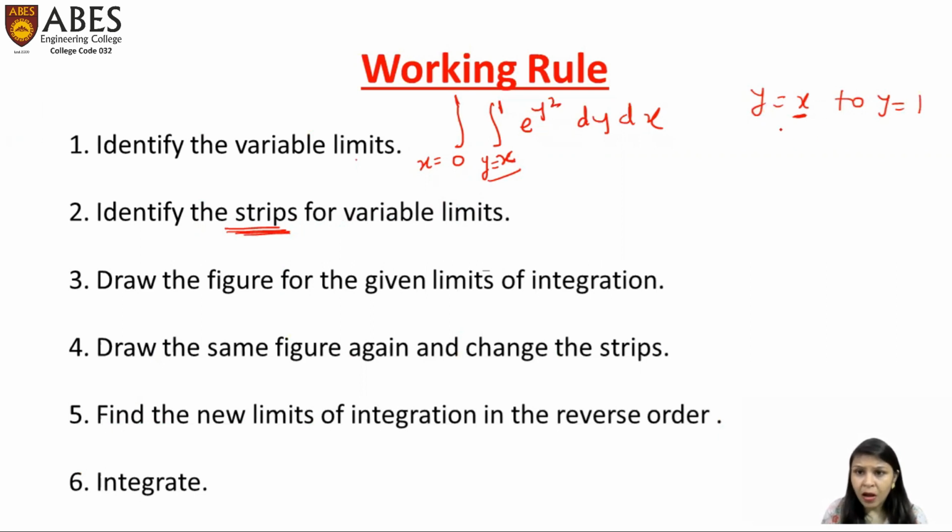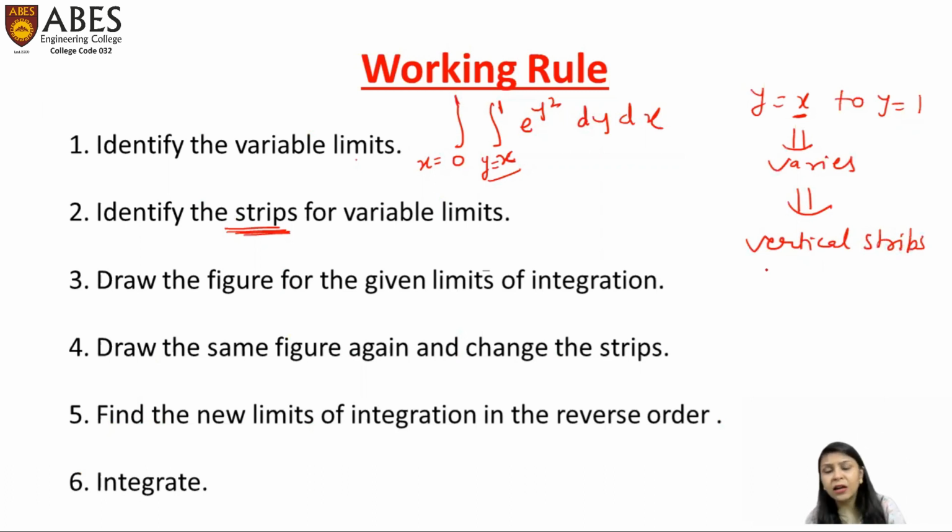सो अगर y की लिमिट वेरी कर रही है, So we draw the vertical strips. Okay, and अगर x की लिमिट वेरी करेगी, so we draw the horizontal strips. So for this, for the given limits of integration, we first draw the figure for the given limits of integration, and then again draw the same figure and change the strips.